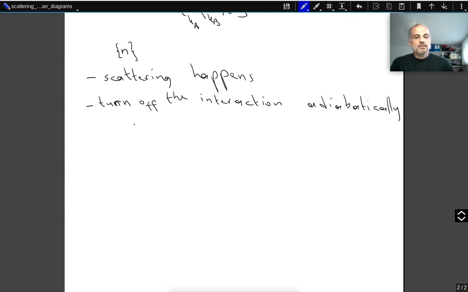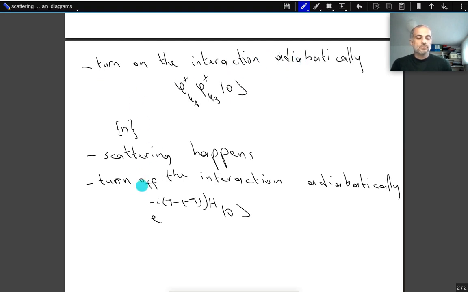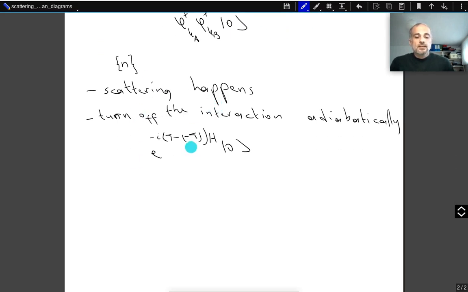But this also tells us that if you start with the vacuum and let it evolve from the time minus T up to the time T, with the Hamiltonian, keeping in mind this adiabatic turning on and turning off the interaction, since we started from the ground state of the non-interacting theory, we changed the theory, we turned on the interaction, then turned off the interaction, eventually we ended up having the non-interacting theory, and since we started from the vacuum, this will still be the ground state of the non-interacting theory.